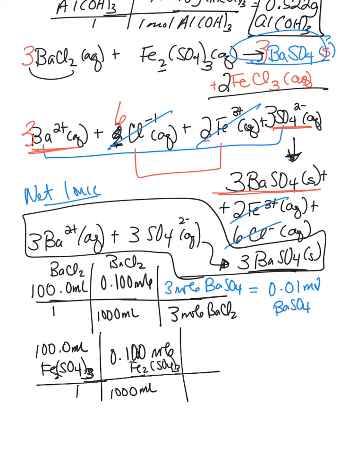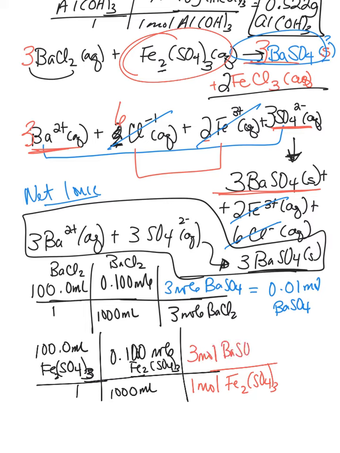And then we look at the balanced equation, and we see that for 1 mole of iron sulfate, we have 3 moles of barium sulfate. And then when we multiply that and divide that through, we get 0.03 mole of barium sulfate.